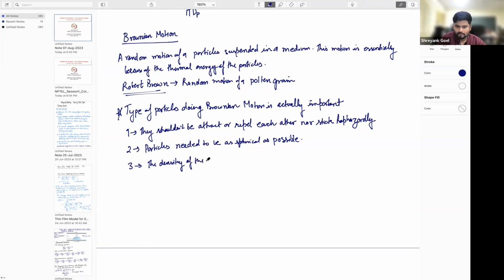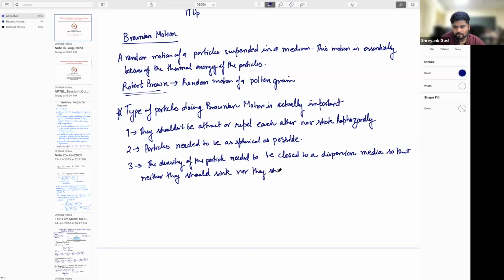The density of the particle needs to be close to the dispersion medium, so that they should neither sink nor float to the surface.